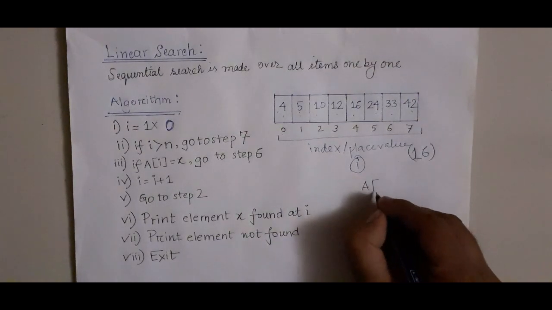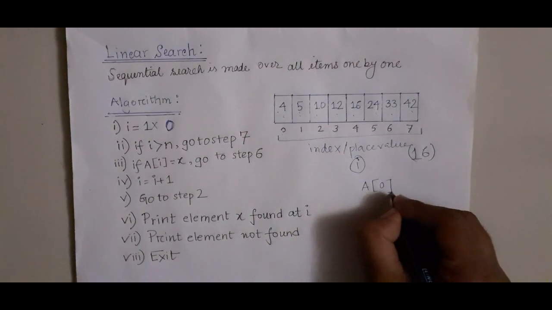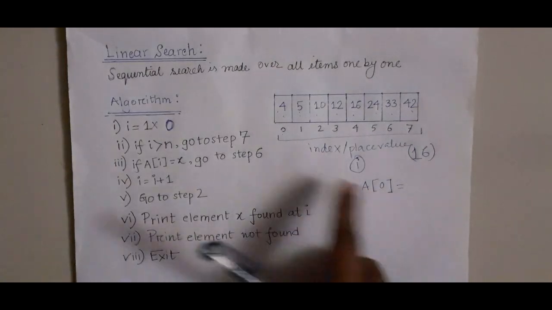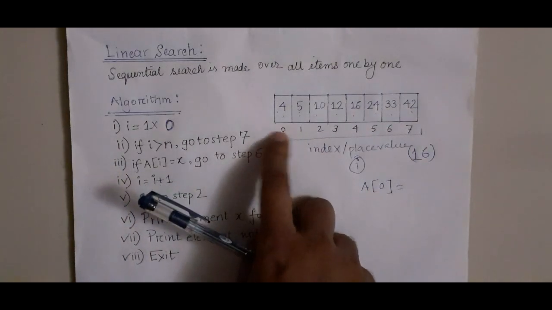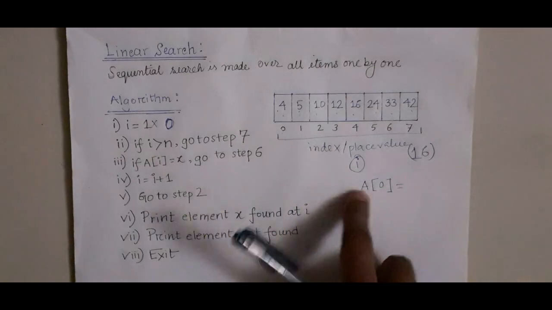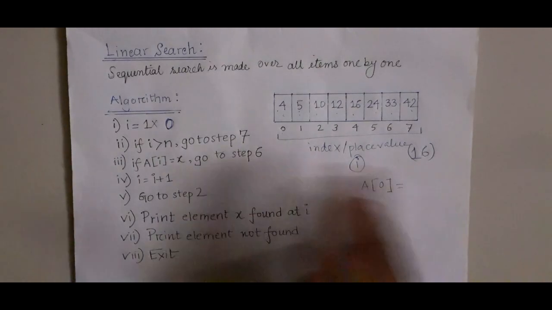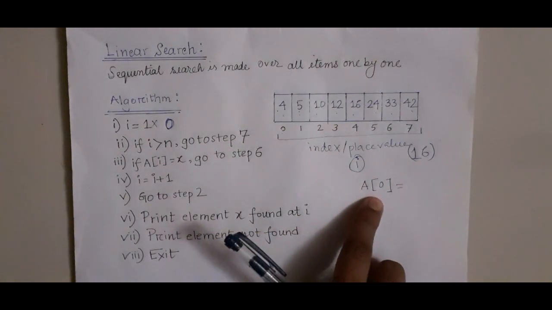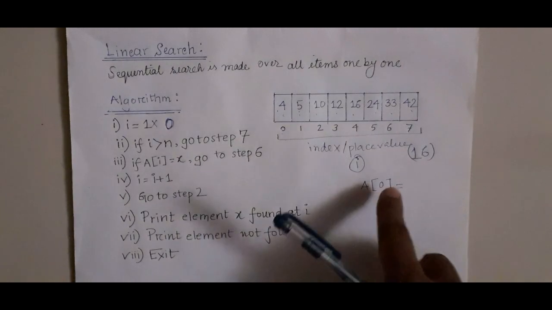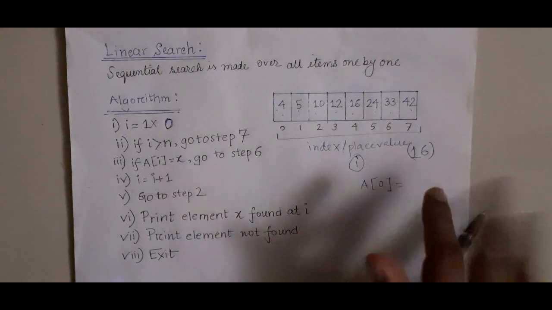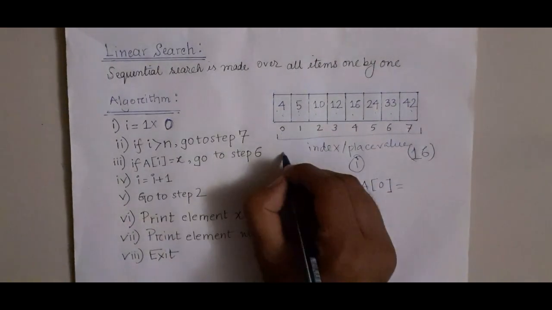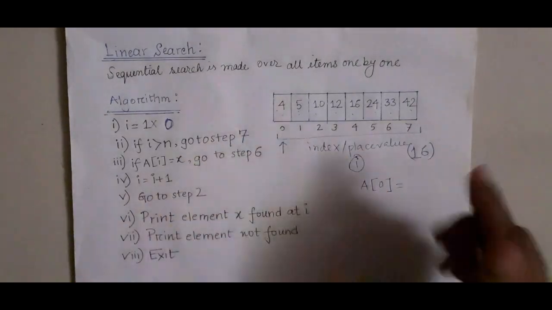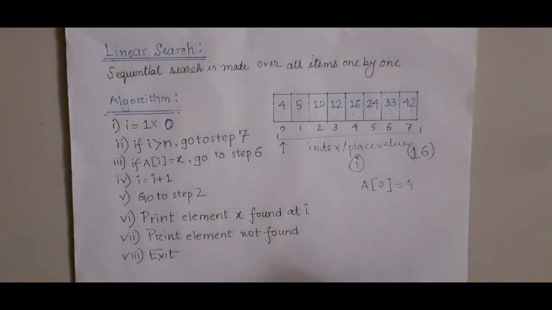A of 0 means the 0 goes into the square brackets, and on the left-hand side we have A, that means index 0. So at this point we have which value? 4, right? But we'll talk about this also.